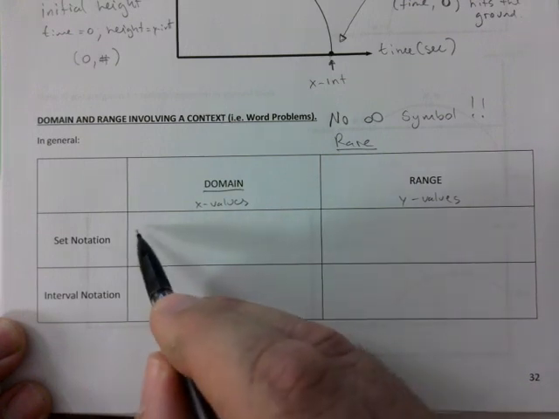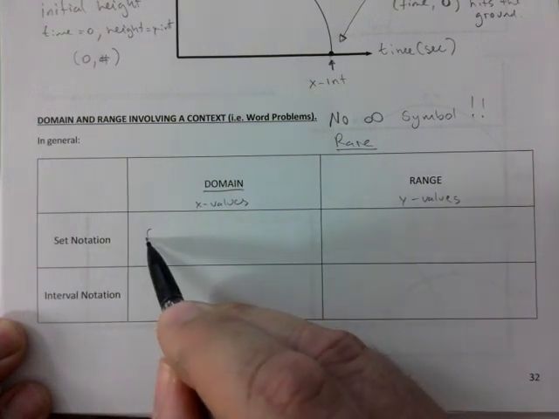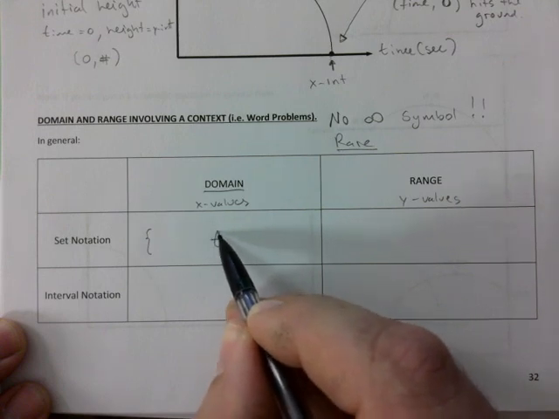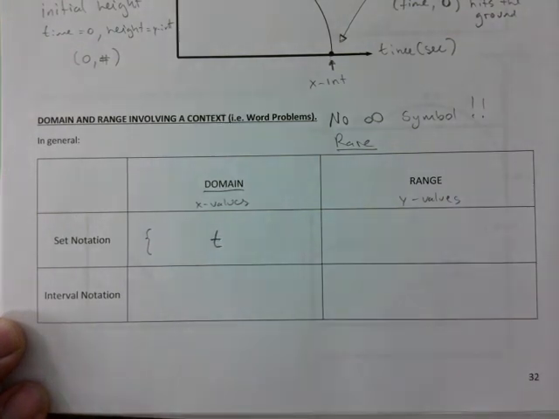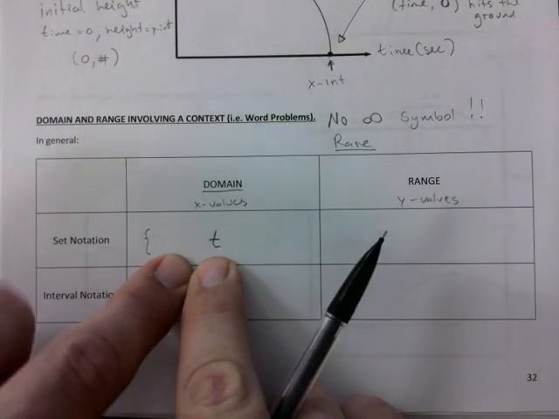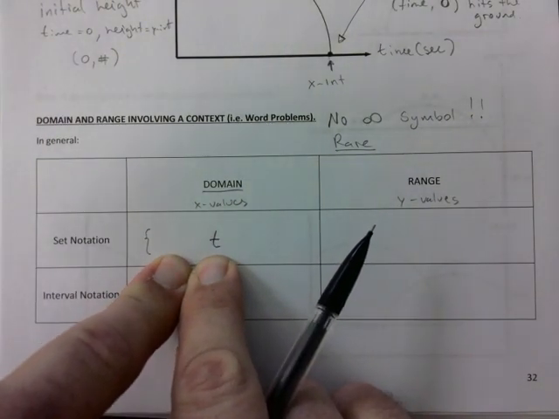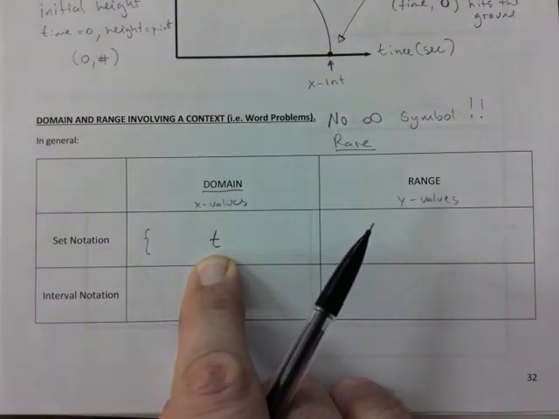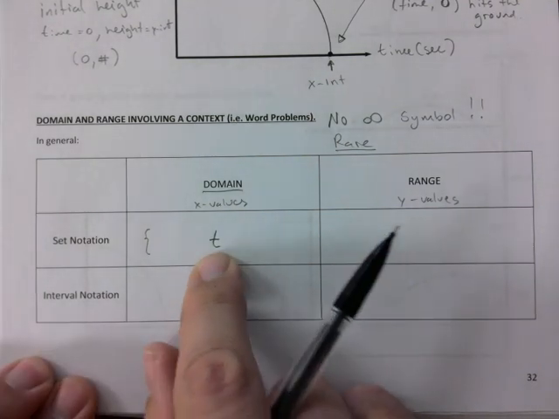So if you ask for set notation, you would say, okay, in this case, this is very important. My x variable is actually t. There's no x, so you've got to go with whatever the equation uses for your x value. If it uses s, then use s. If it uses d, then use d. Whatever they use, it is crucial. Okay, t is there.